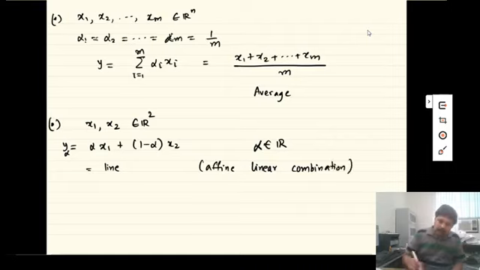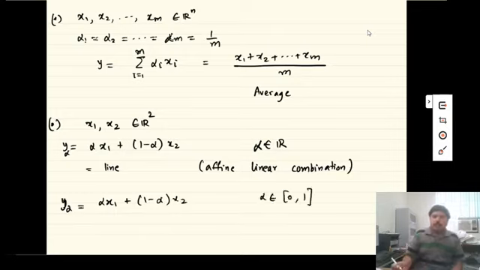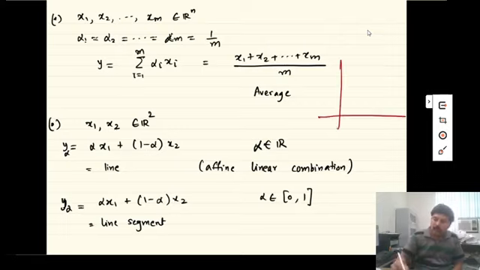And in particular, if I choose in this linear combination alpha x1 plus 1 minus alpha x2, alpha belonging to 0, 1, then for any alpha in 0, 1, I get the line segment joining these two vectors x1 and x2. Pictorially, I have this point here, which is my vector x1, and my vector point x2 is here.